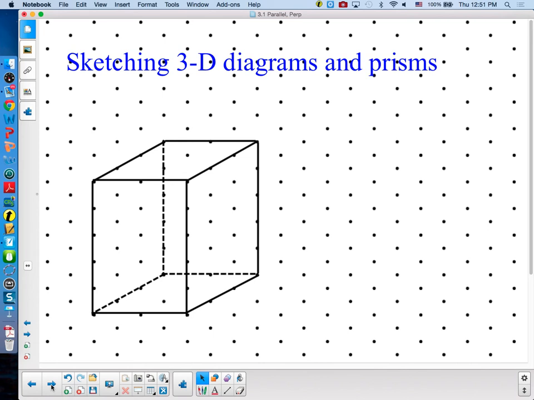All right, if you're using the dot paper, looks like from one corner I went straight up 1, 2, 3, 4, 5 spaces. And then I took the diagonal for 1, 2, 3 spaces. When I went straight across here, it's like I did 2. So once you get those kind of set up, then you just make the other things matching.